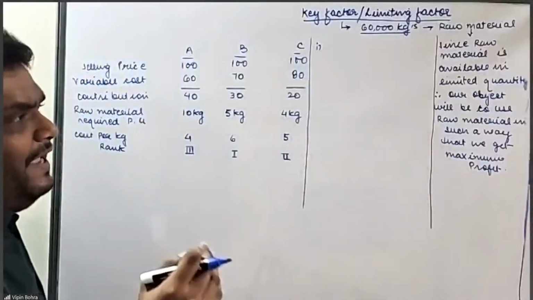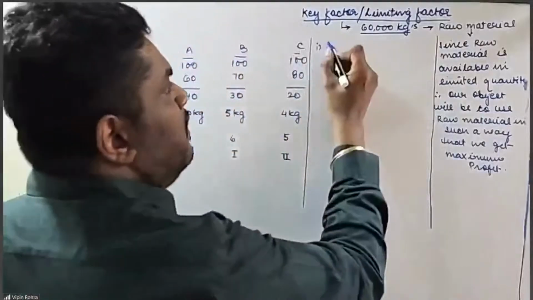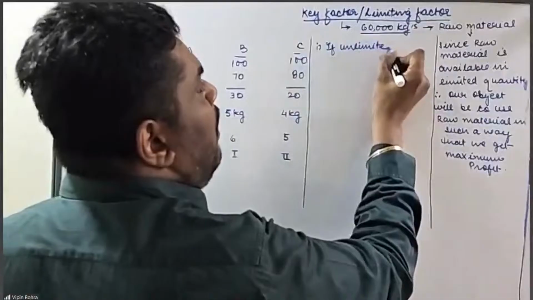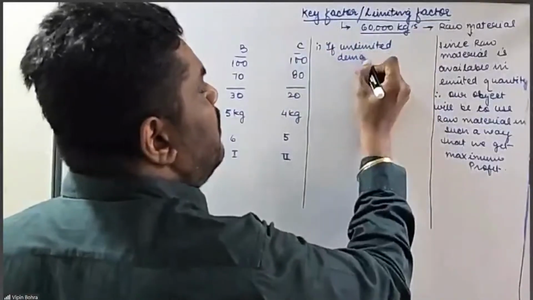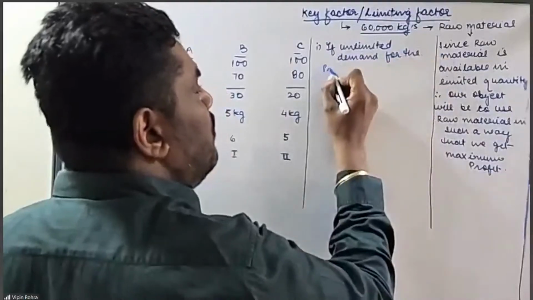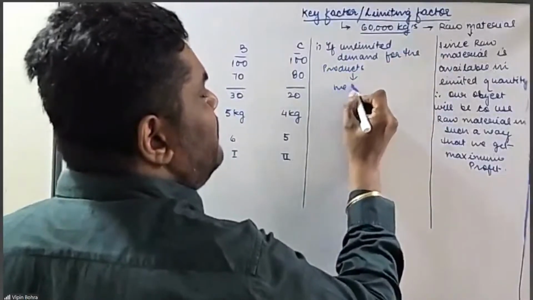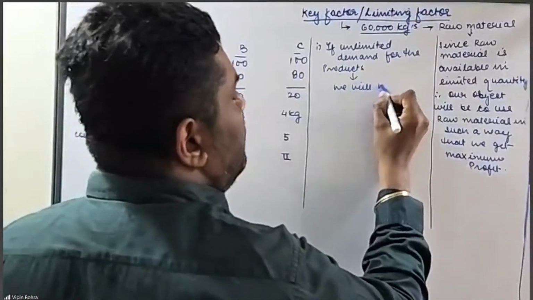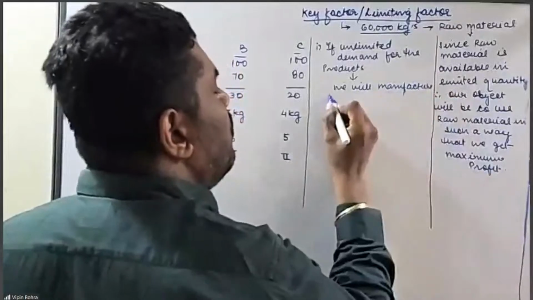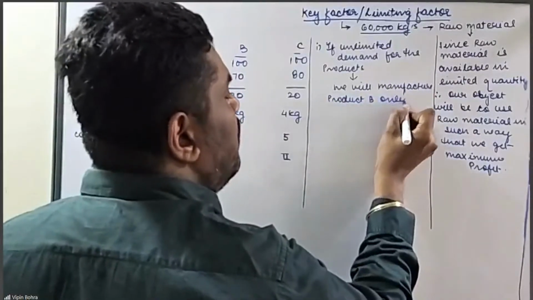So if there is unlimited demand for the products, then we will manufacture product B only.